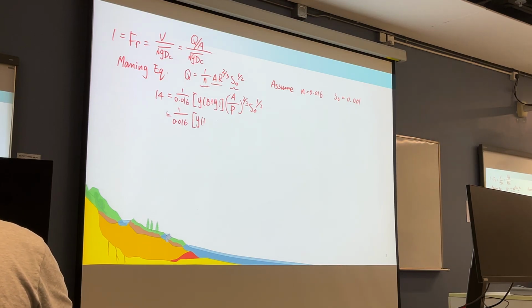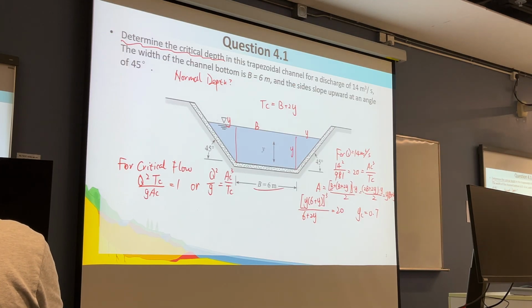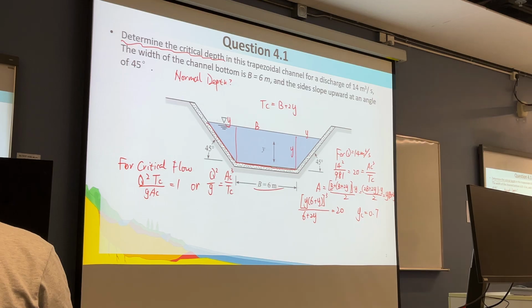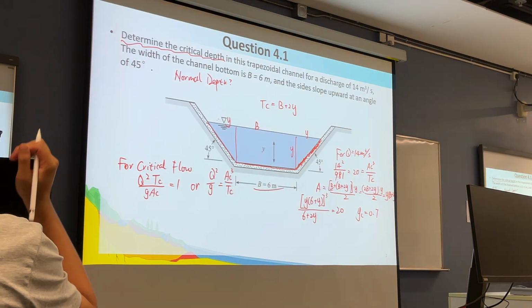Then this is 1 over 0.016, this is y(b + y). Then the A is also y times (b + y). And the P, the wetted perimeter, is including this. This is the wetted perimeter here.